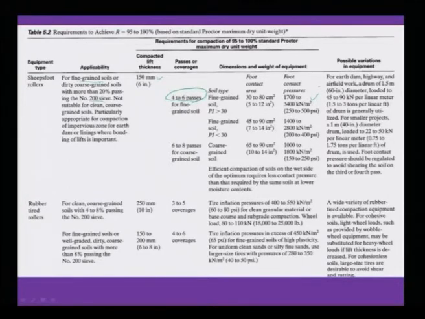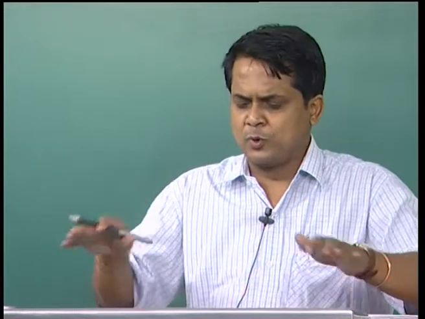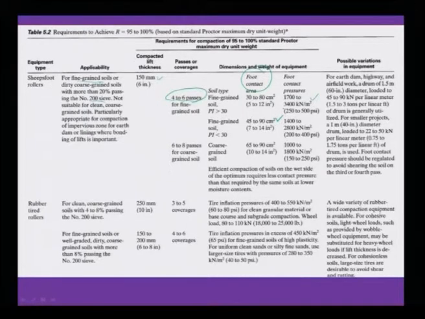If the plasticity index is less than 30, for fine grained soil, the foot contact area is 45 to 90 square centimeter, and the contact pressure is about 1400 to 2800 kilonewton per square meter. For possible vibration in equipment for earth dam, highway, airfield, a drum of 1.5 meter diameter loaded to 45 to 90 kilonewton per linear meter of drum is generally utilized.